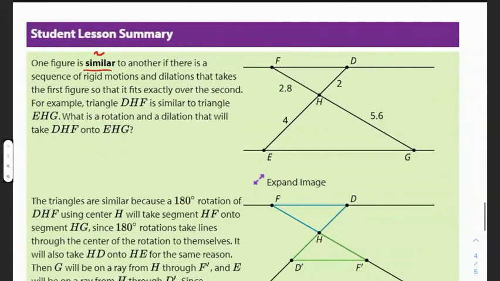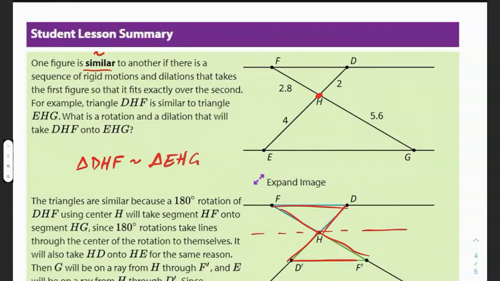For example, right, we have this smaller triangle here. Looks like it's dilated and then looks like it's reflected across, right, to map onto the smaller triangle. So they're trying to prove to us here, or it looks like they said a rotation. Okay, so they rotated 180 degrees, I assume. Okay, so they're saying that triangle DHF, which is the smaller one, is going to be similar to triangle EHG.